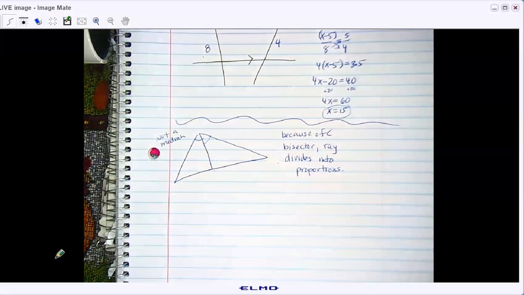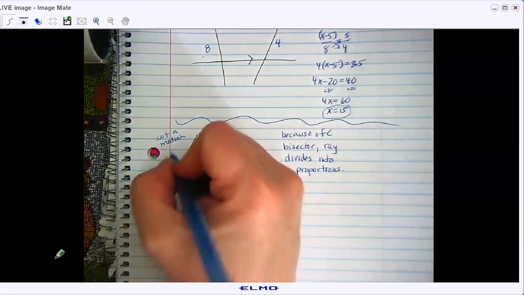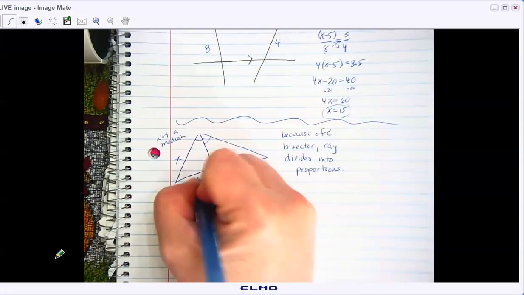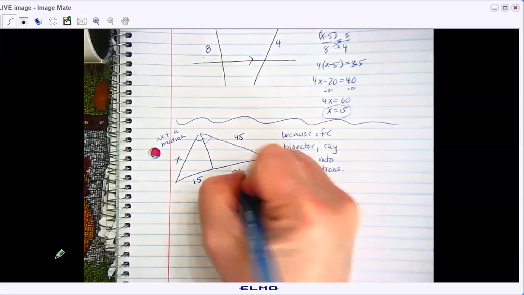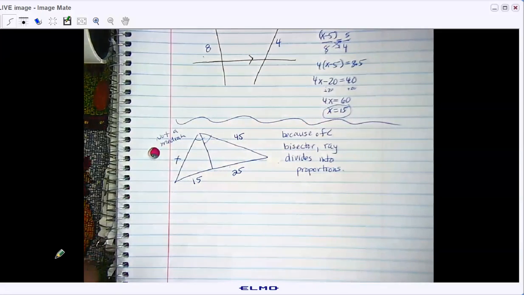Now, think about this for a second. Proportions automatically mean equal. So let me give you an example. This x could be 15, 45, and 25. So make sure that you got it written down.